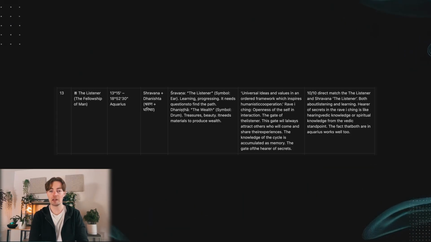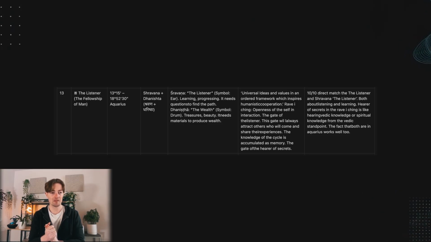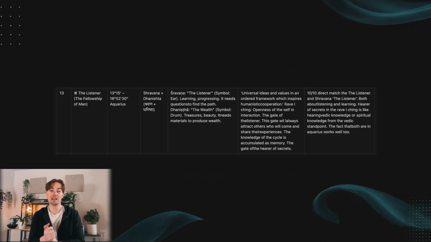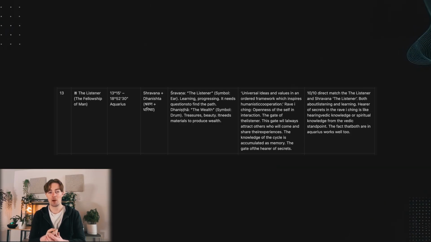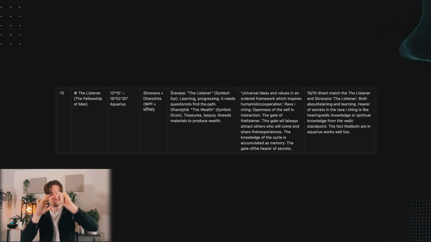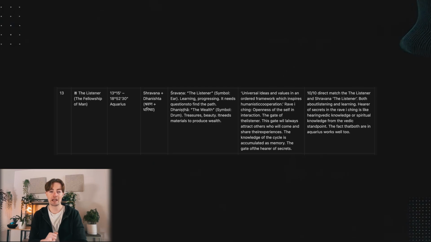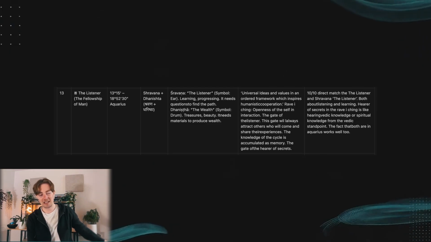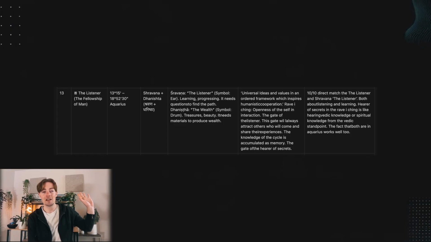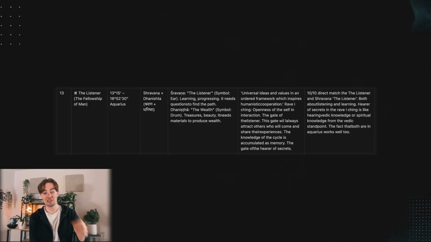This is the gate of the listener in the Vedic nakshatra called the listener, with the symbol of the ear. This is one of the strongest alignments in the entire thing, considering, once again, that the order of these I Ching hexagrams is essentially completely arbitrary, that the founder of human design specifically placed the separate I Chings in these specific areas of the tropical zodiac, and we look at a system which is thousands of years older, and we have a division in their astrological system, which also contains the symbol of listening.